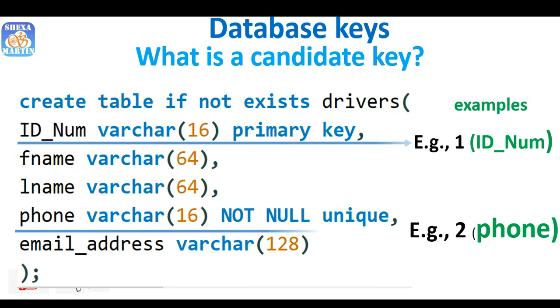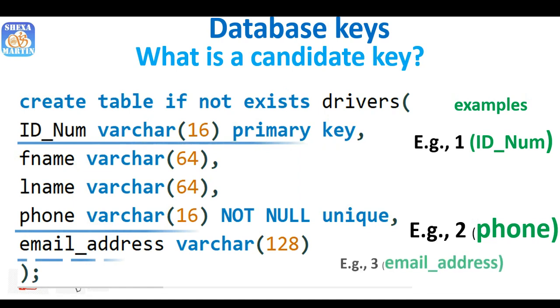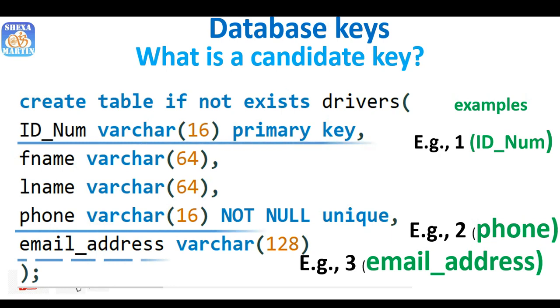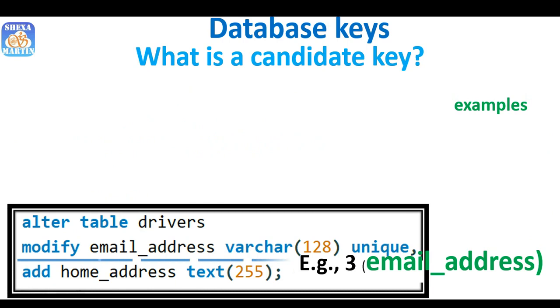But we have thought about it when we were creating our database, and we have ensured that email address column values must be unique. So you see here we have a broken line to show that email address is not defined as unique, so it's not a candidate key, but it can possibly be a candidate key if we alter the table and modify email address and add a unique constraint to it.